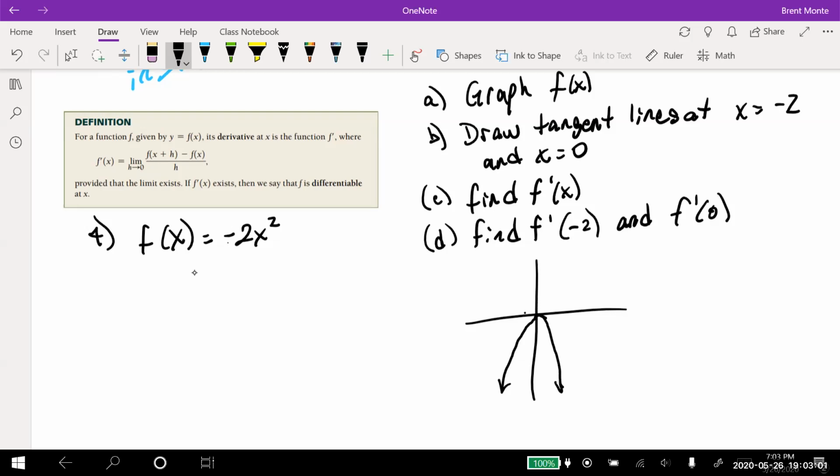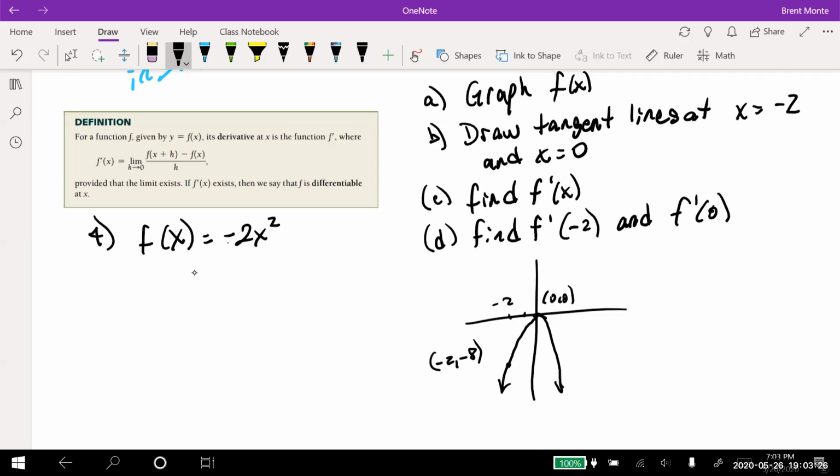And over here at negative 2, if I plug in negative 2, that's going to be 4, so negative 8. It's going to be a dot down here, negative 2, negative 8. That doesn't really look much like a negative 8, does it? Kind of ram that into each other. Negative 8. And at 0, we've got just the point 0, 0.